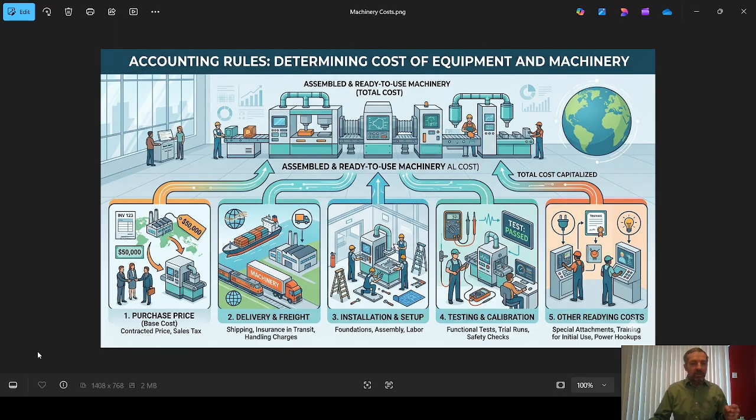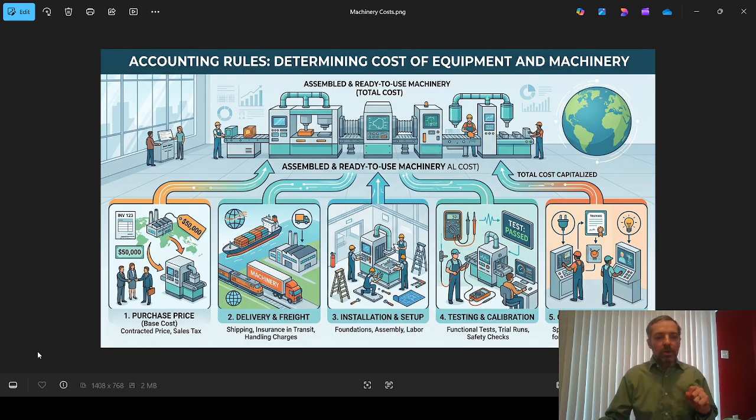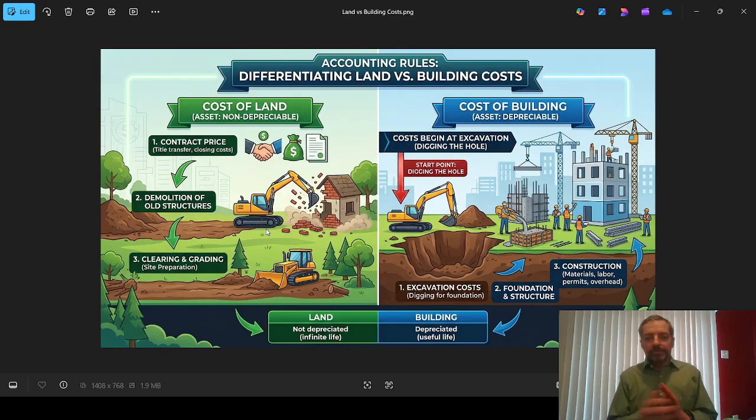Likewise, let's look at buildings and land. So again, anything that gets it ready for us to use in our business. One of the more difficult concepts is what is a land cost and what is a building cost?